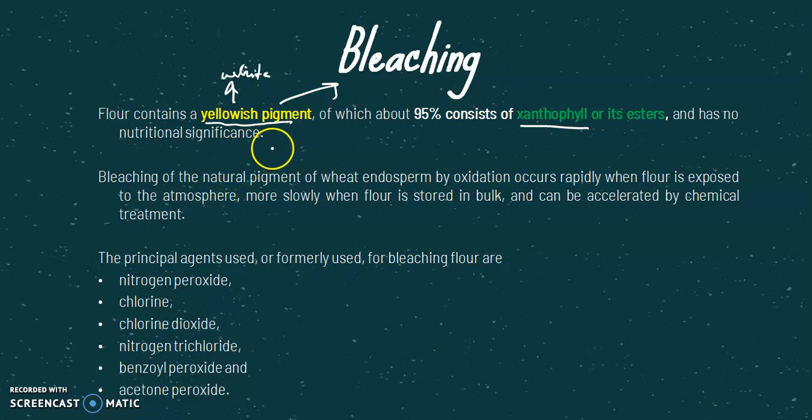So there are two ways to change this yellow color to white color. One is natural, and the other is the chemical. The natural is simply the wheat flour comes in contact with the atmospheric gases, and the gases, especially the oxygen, oxidizes this yellow pigment, xanthophyll, into the colorless compound and naturally bleaches it.